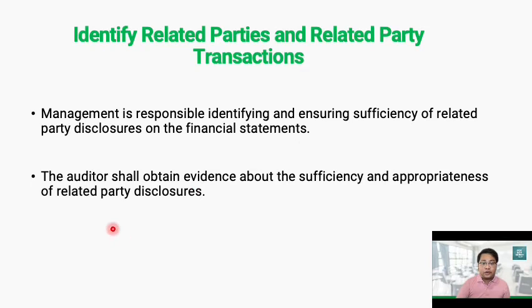So as auditor, our responsibility is to obtain sufficient and appropriate evidence related to the related party disclosures or related party transactions made by the company with these related parties.